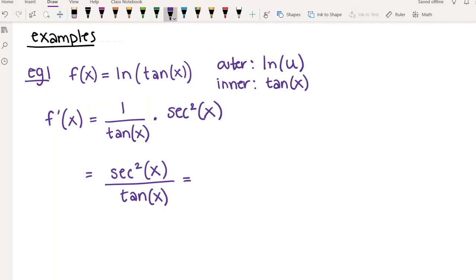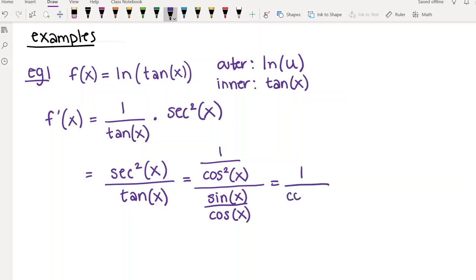So what do I mean by that? Well, secant squared of x can be written as 1 over cosine squared of x, right? Because secant is the reciprocal of cosine. And then tangent can be written as sine of x over cosine of x. And so if we were to rewrite this a different way, we would have 1 over cosine squared of x times cosine of x over sine of x.